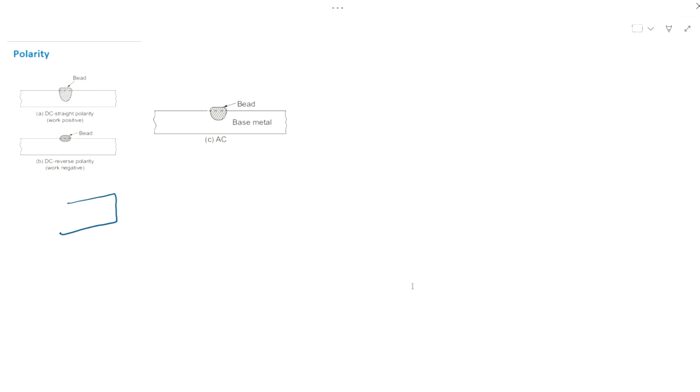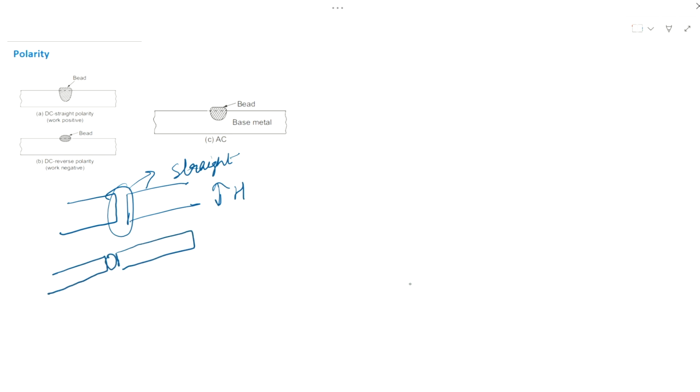Consider this as your workpiece. Now, when the height is more, it will be a straight polarity, and here when it is less, it will be reverse polarity.